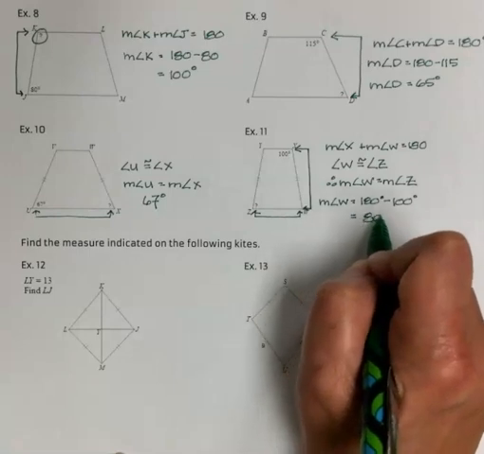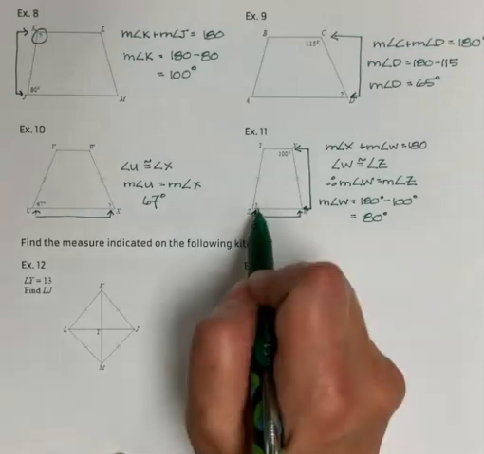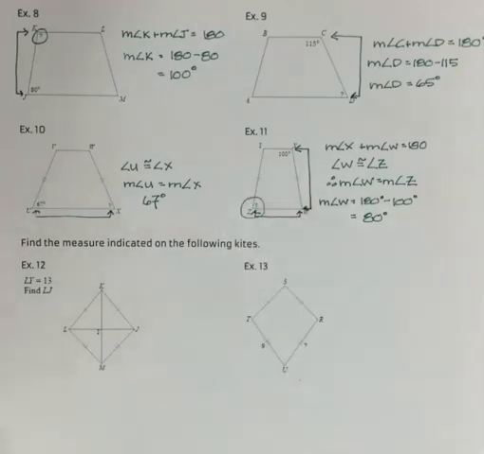So it's going to be 80 degrees. And since the measure of angle W is 80 degrees, so is the measure of angle Z. So those are your trapezoids.